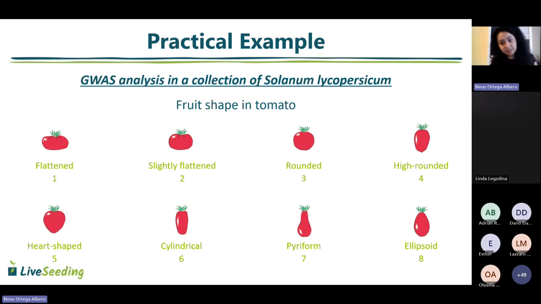So we selected a collection which phenotypically was very diverse for this range of phenotypic diversity. So I'm going to open Tassel now.